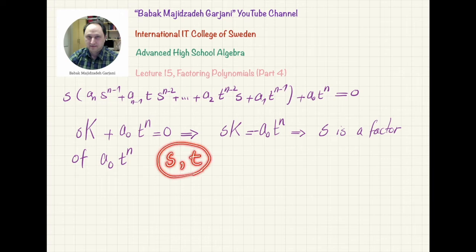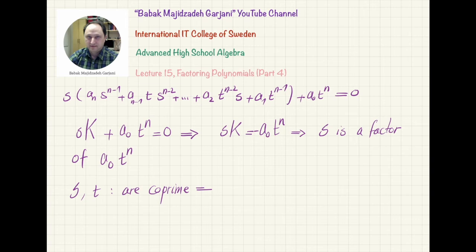And if there is no common factor between S and T, it doesn't matter if I raise T to power n. So what I'm saying is that if S and T are coprime, so what does it mean? It means that there is no common factor between S and T except 1.